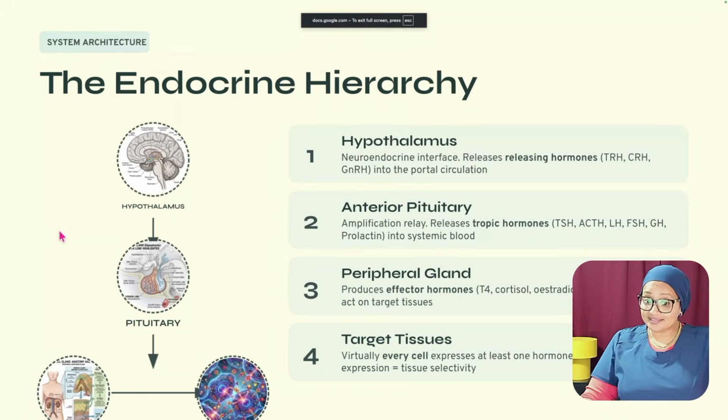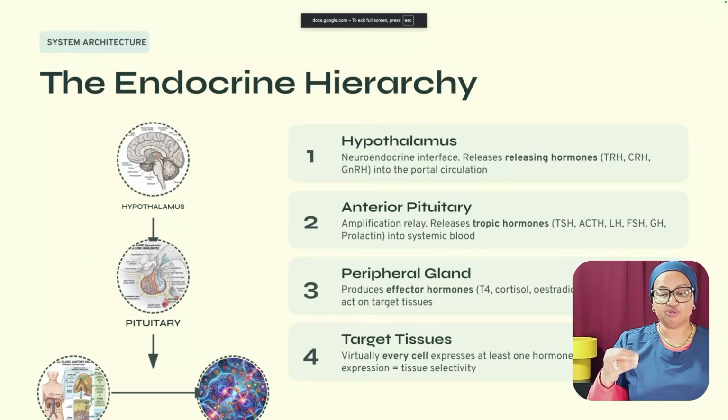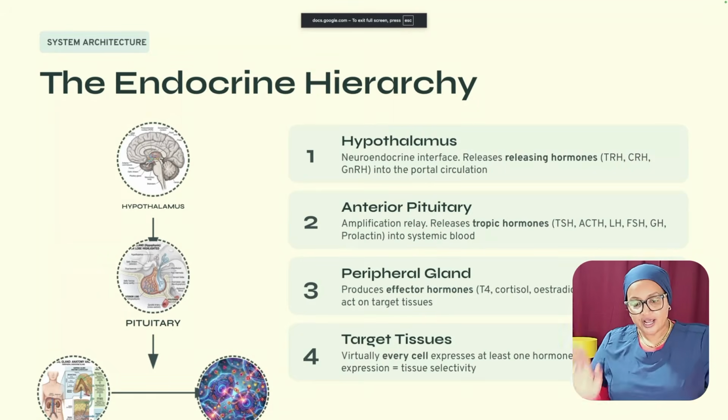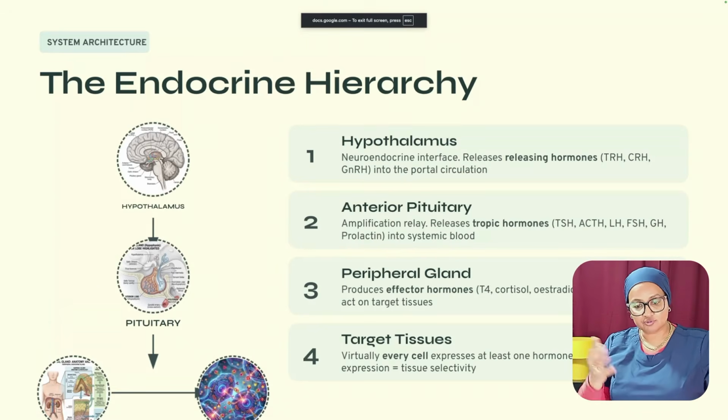And as we said, the target tissue should have a receptor. Okay? Should have a receptor to respond to that hormone. You have to have the correct receptor to respond to that specific hormone. Remember, all these hormones are carried at the same time through the blood.